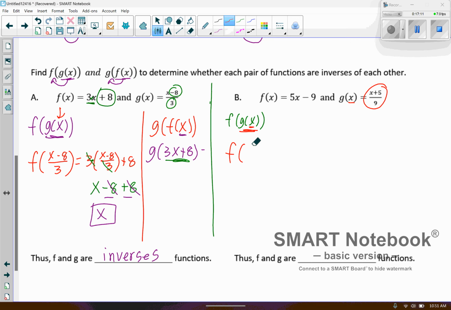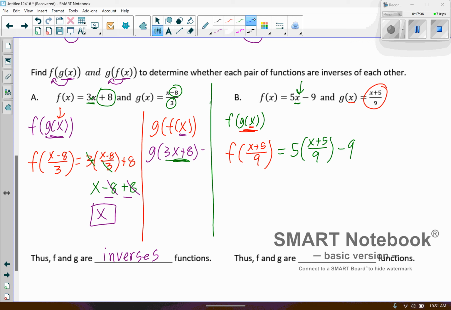So f of x plus 5 over 9. And then now we're going to plug that into the f function right there. So now we've got 5 times x plus 5 over 9, and then take away 9.